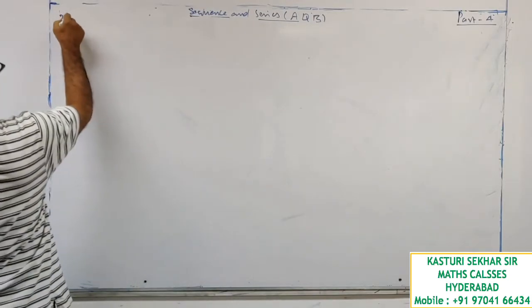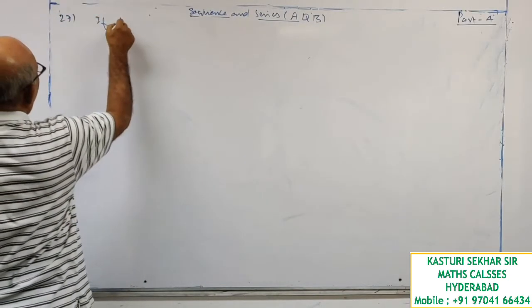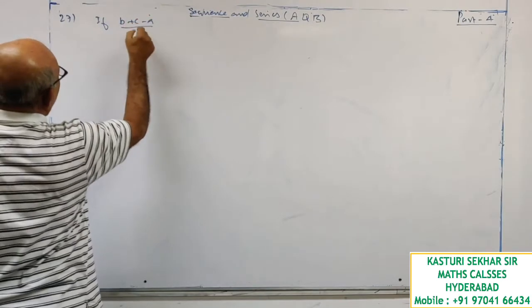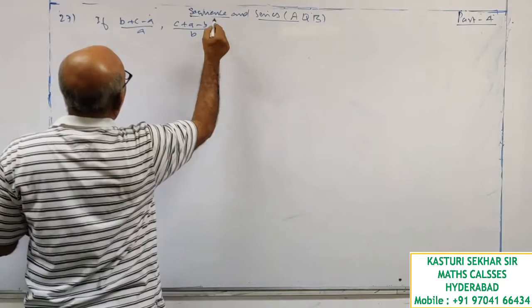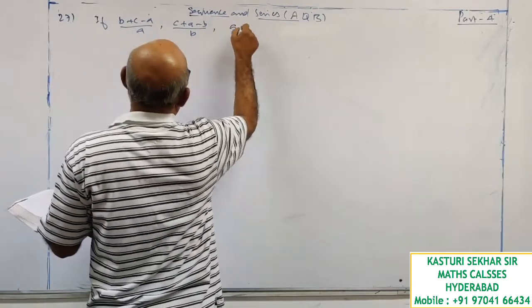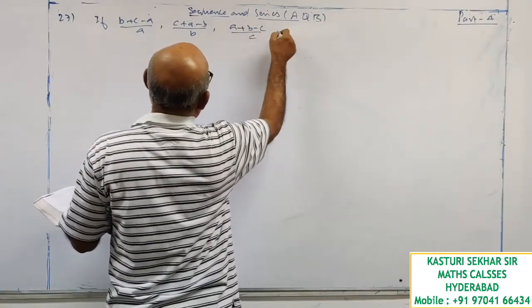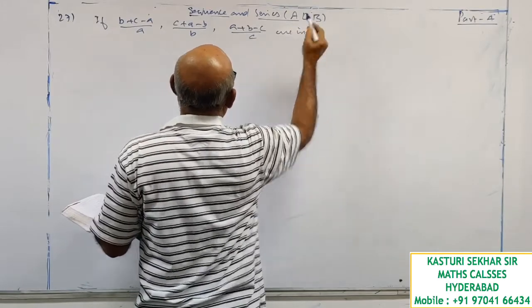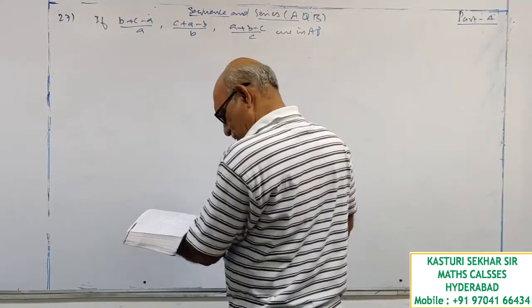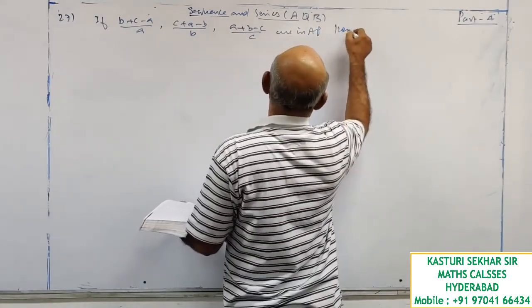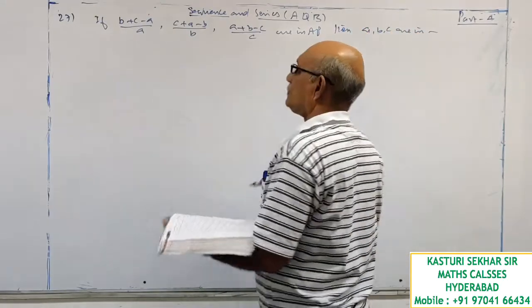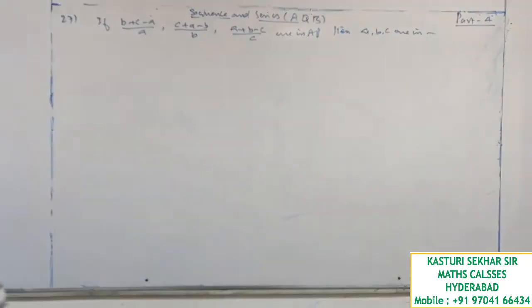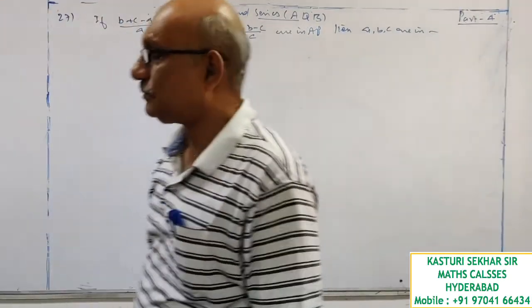Look at question number 27. If (b+c-a)/a, (c+a-b)/b, (a+b-c)/c are in AP, then a, b, c are in dash.